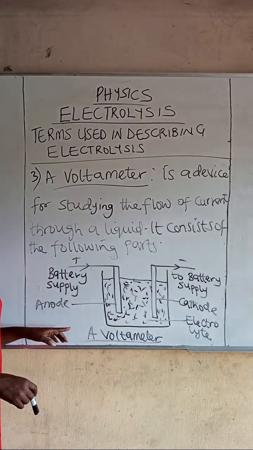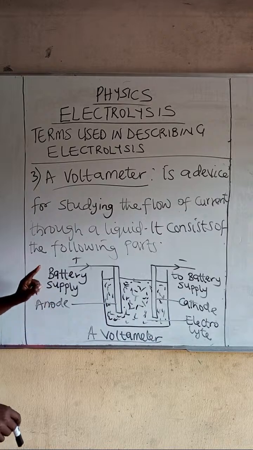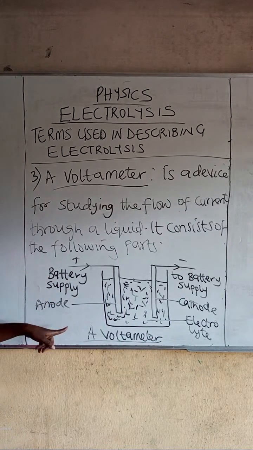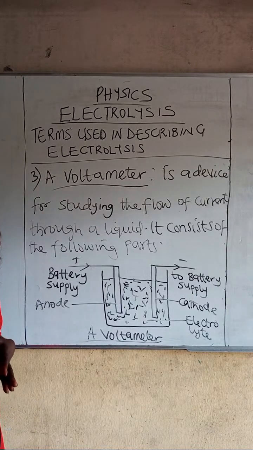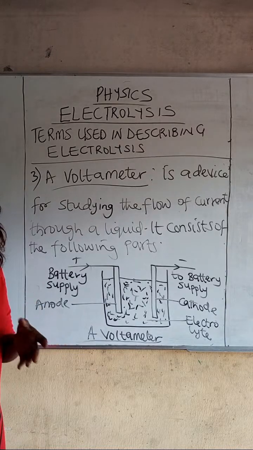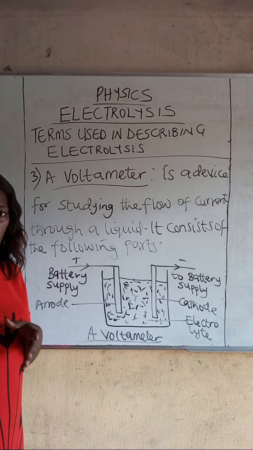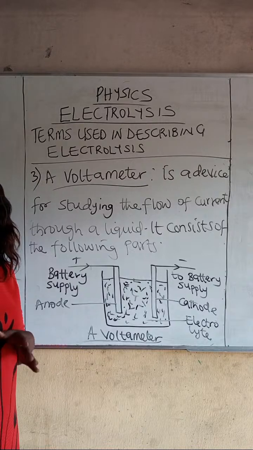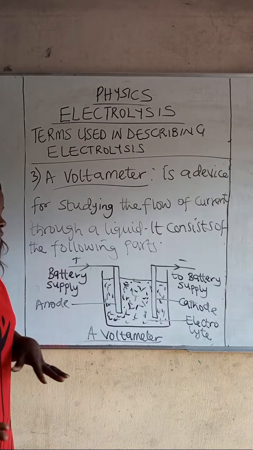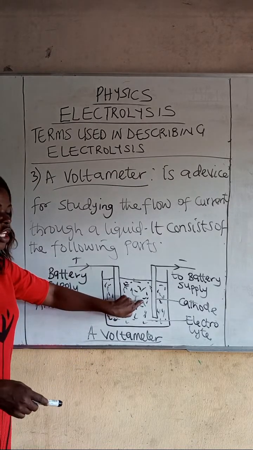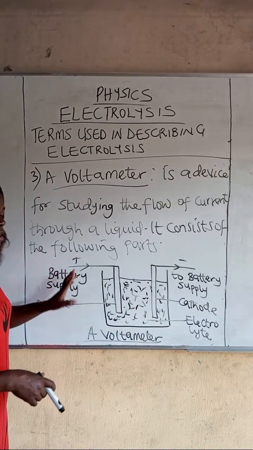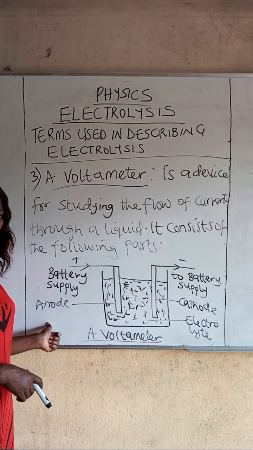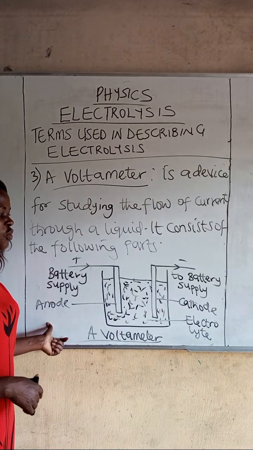Now, this anode that is a positive electrode is going to attract only negative ions to itself, because of attraction. During ionization, the electrolyte is going to dissociate into ions, and the negative ions will go to the anode, while the positive ions will go to the what?